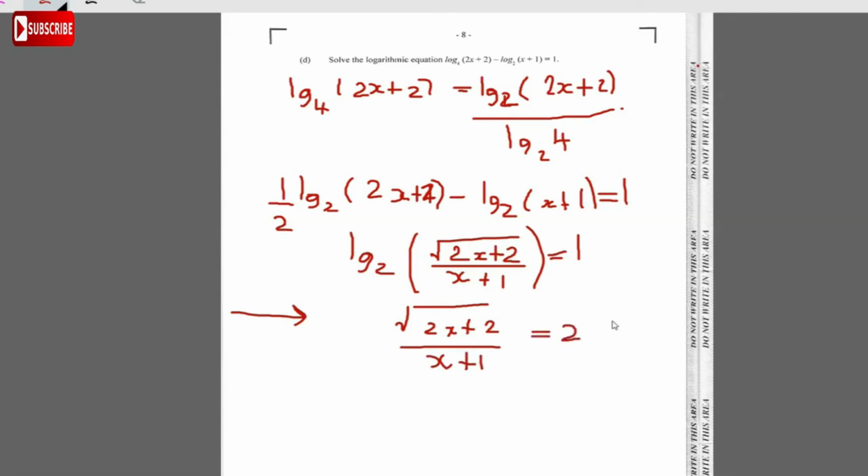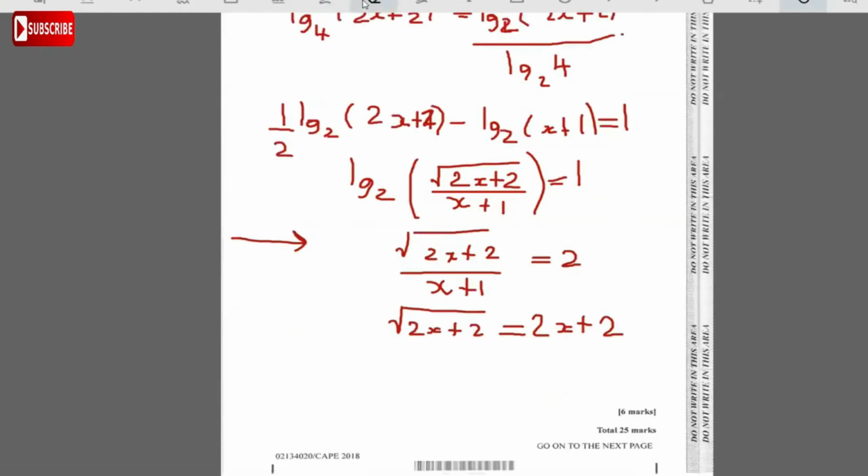So we cross multiply now. We get that the square root of 2x plus 2 is equal to 2x plus 2. So the square root of 2x plus 2 is equal to 2x plus 2.